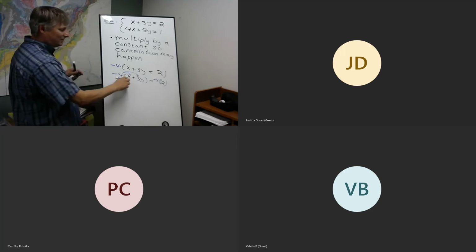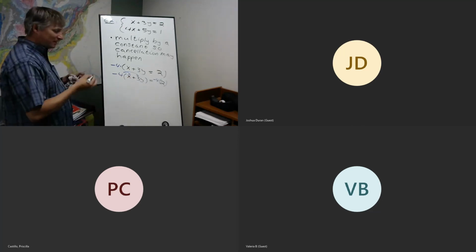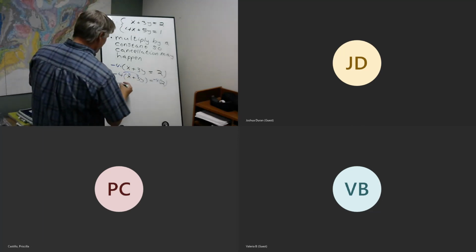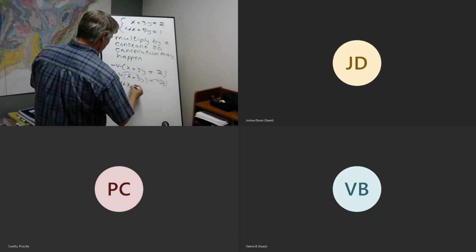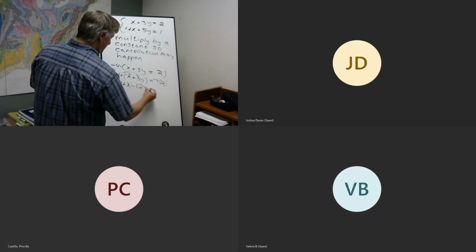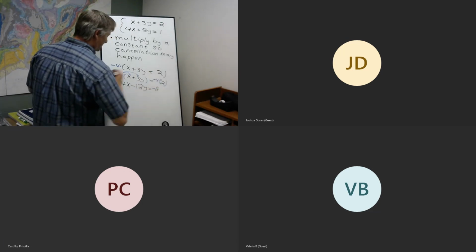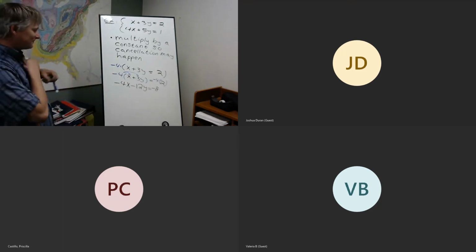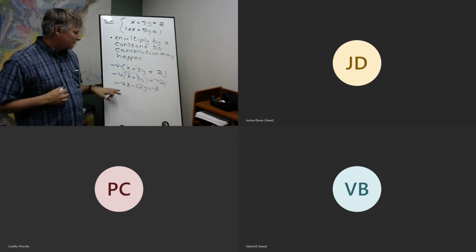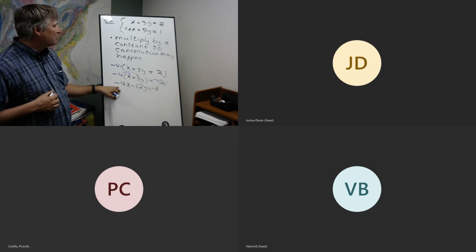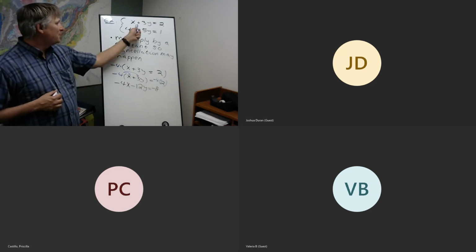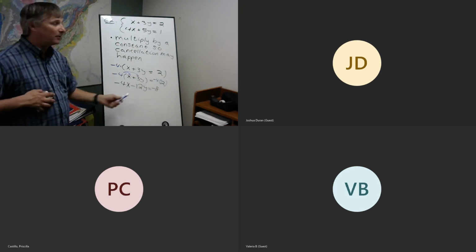And this is the key distribution we're looking for. This will give us negative 4x minus 12y equals negative 8. And now, with this new equation, we can replace this equation with this one.